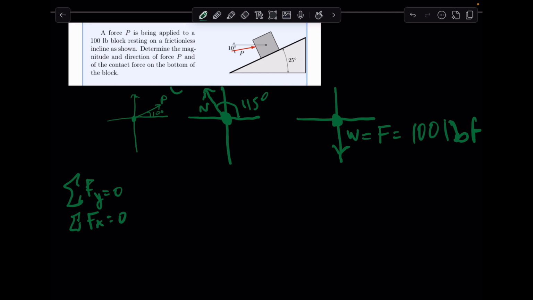So let's begin. We can start by adding up the y component of P. This is going to equal sine of 10 degrees times P, which is our force, P. This is the y component of this vector right here.